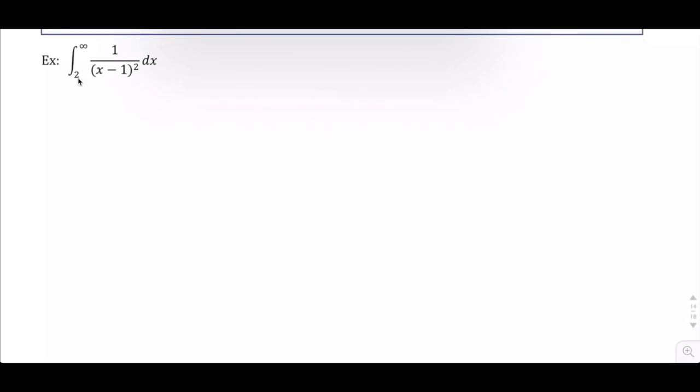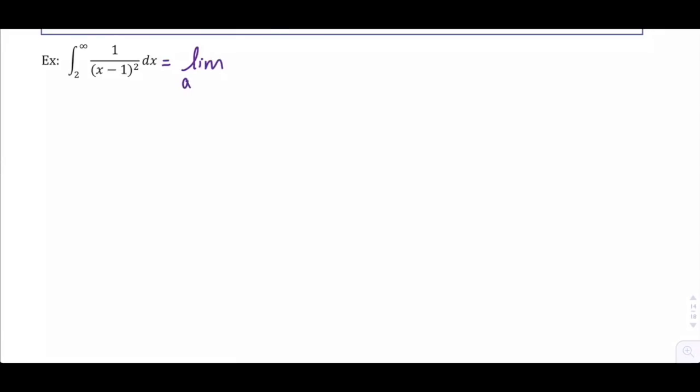Let's take a look at this example. We have the integral from 2 to infinity of 1 over the quantity x minus 1 squared dx. We can see that our upper limit here is infinite. So what we would need to do is change this into the limit, and you can use whatever letter you want.